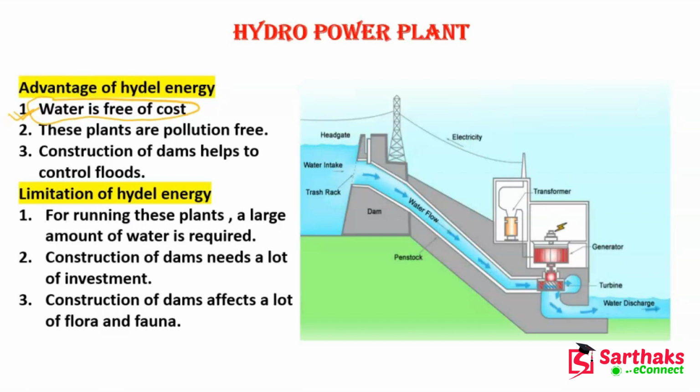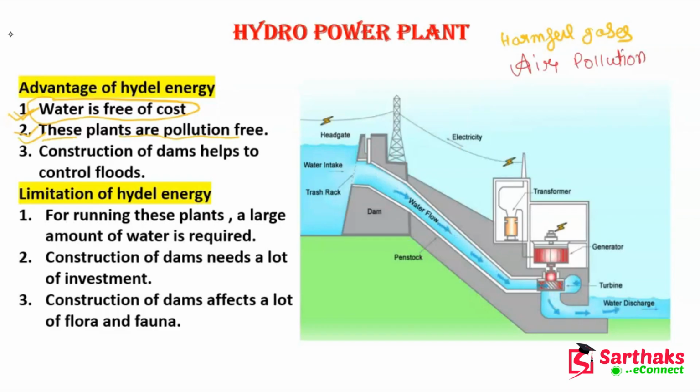Let us talk about the second advantage, and the second advantage is that these plants are pollution free. In a thermal power plant, when we were burning the coal, it was producing harmful gases, and due to these harmful gases there is air pollution.